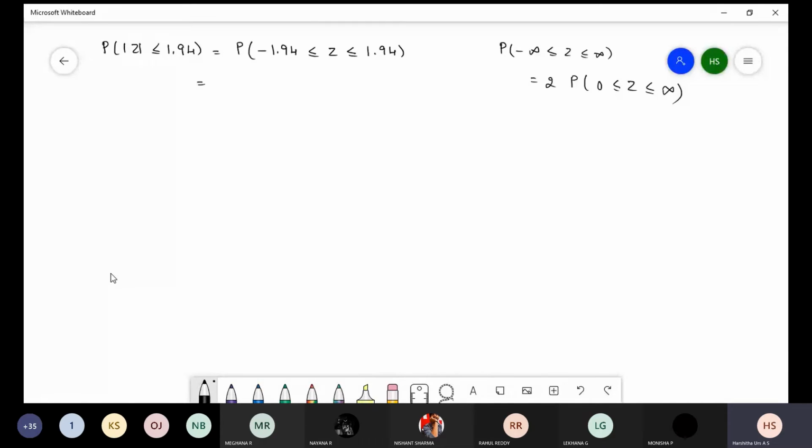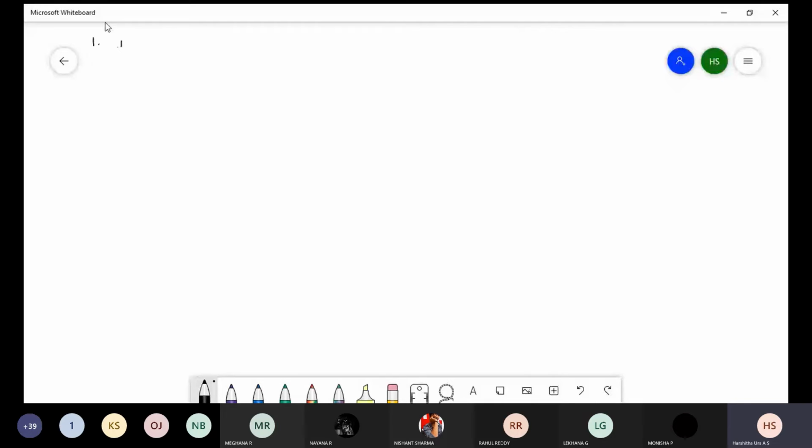This is also one of the formulas. So here we write 2 into P of 0 less than or equal to Z less than or equal to 1.94. That is 2 into phi of 1.94, that is 0.4738. That is equal to 0.9476.